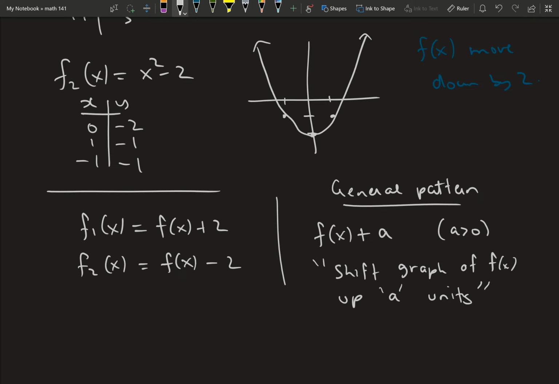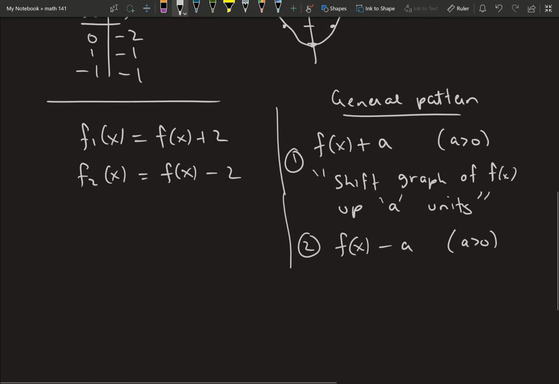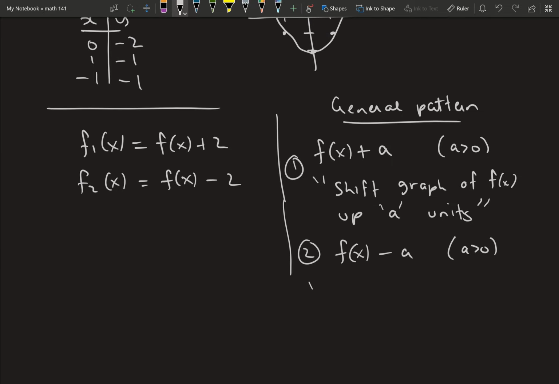This is the first item corresponding to f1. And if we're given f of x minus a, where again a is positive, so you have, say, f of x minus 2, just like we did over here, then the theme is shift the graph of f down by a units.